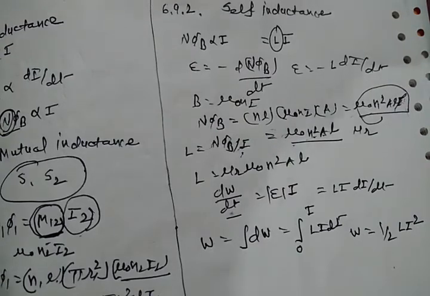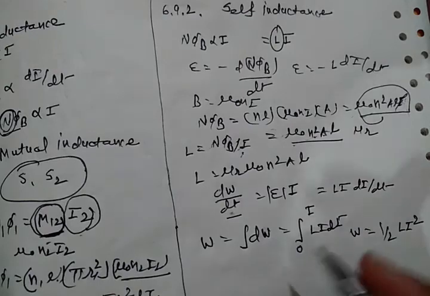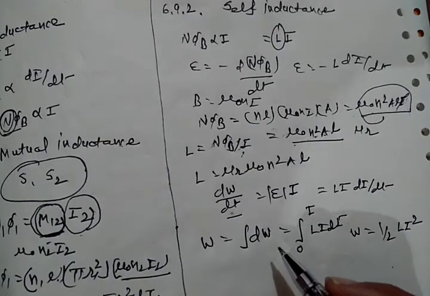Now the same for the flux linked with one coil will be the sum of two fluxes which exist independently, as in the equation above.